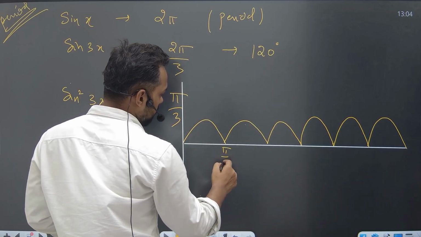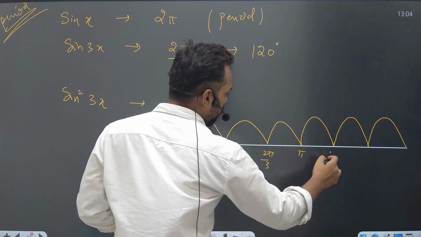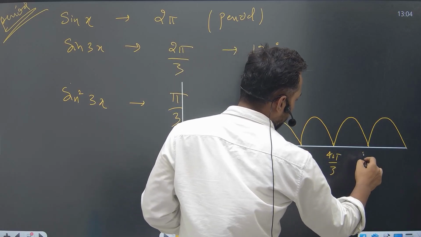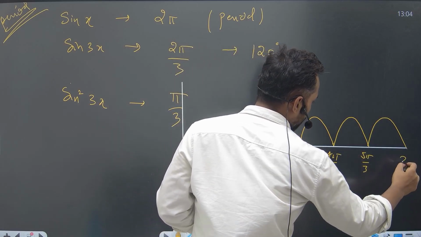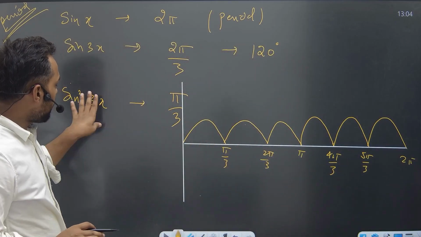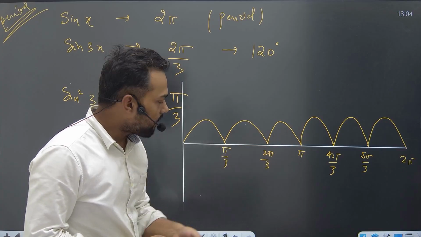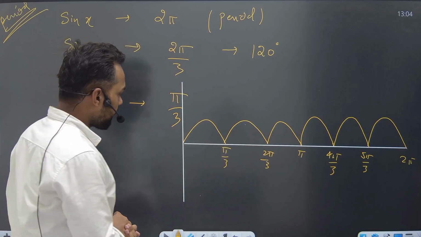Pi by 3, 2 pi by 3, pi, 4 pi by 3, 5 pi by 3, 2 pi. So we can see that the period of this sine square 3x will be pi by 3. So we have got the graph of sine square 3x.